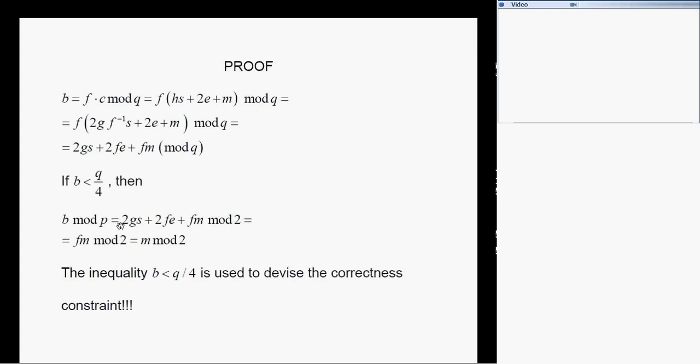After we apply mod 2 to this expression, the first two terms are eliminated, and we only have f multiplied by m, just like in the case of NTRU. And of course, the key polynomial f was defined in such a way that it's congruent to 1 mod 2, and this gives us back the plaintext polynomial.